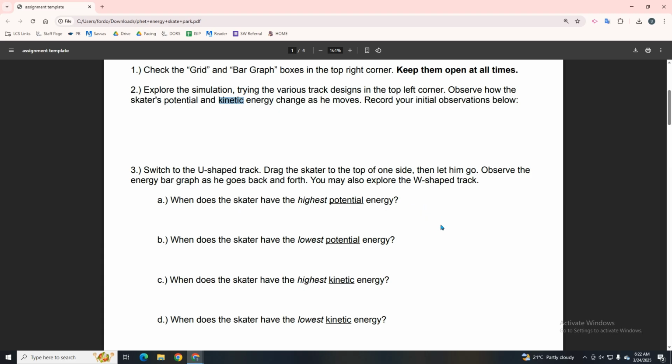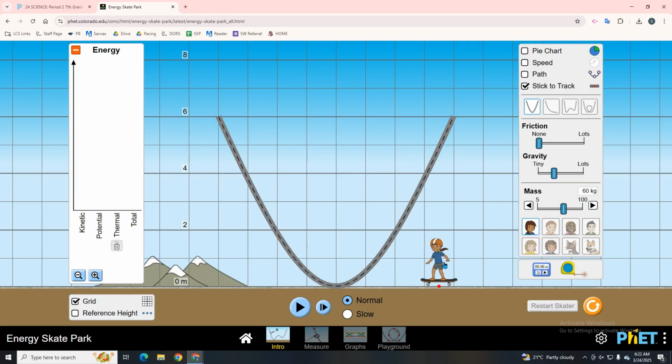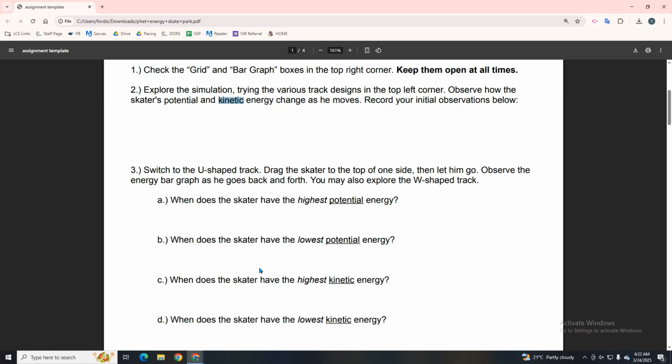Question number 3A. When does the skater have the highest potential energy? So you're looking for the highest potential energy. When does this occur? And you notice right now it's occurring as the person is at the highest point on the graph. You can check that by going to the U shape and putting them up there, or seeing if they're at the bottom.